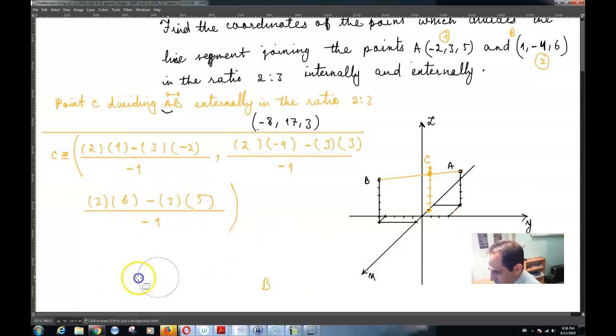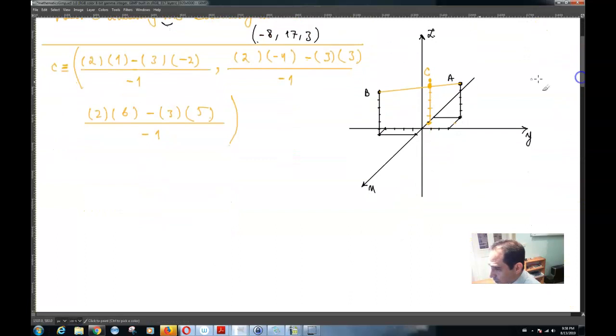And so then you can simplify this, meaning that you can write this as 2 minus -6 over -1, comma, -8 minus 9 over -1, comma, 12 minus 15 over -1.